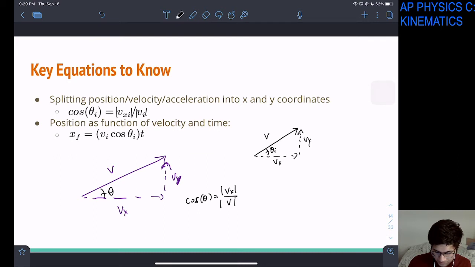Okay, so just remember this relation. Similarly, sine of theta is equal to Vy divided by V. And position as a function of velocity and time. I'll let you think about this question, but just remember that if we're traveling, this is basically our delta x, and this is vt. So just something to keep in mind.